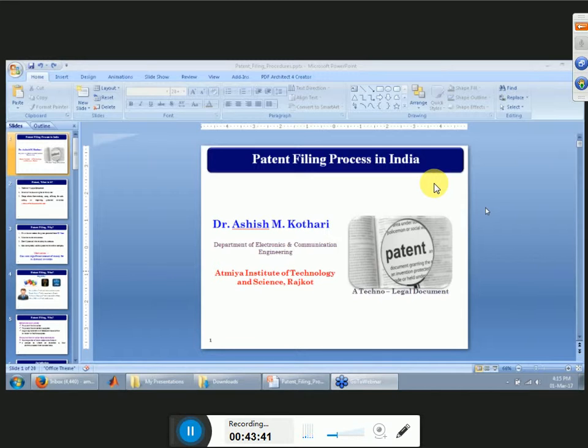Can a physical device with software be patented? Yes. Software alone cannot be patented, but if your software is controlling some device, communicating with some device, or catching some device's output, then it's fine. You can patent.